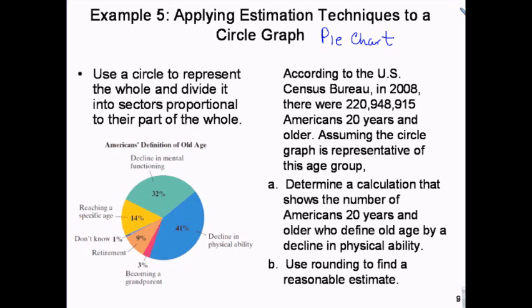So here's a circle graph that, according to the Census Bureau, there were 220,948,915 Americans that were 20 years and older. And if this circle graph represents that total number of people over 20, they are defining old age by these things.